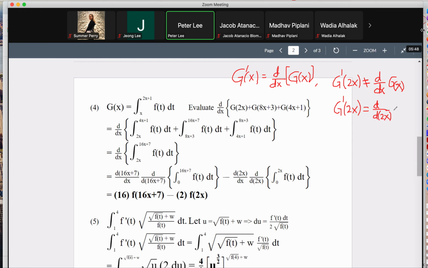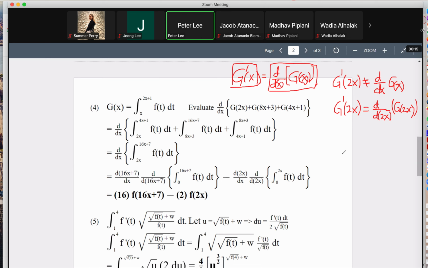I know this sounds weird, but there's a danger here. This is correct, because when you write this g prime here, this g prime is really d/dx of g of x. So this guy and this guy must match.